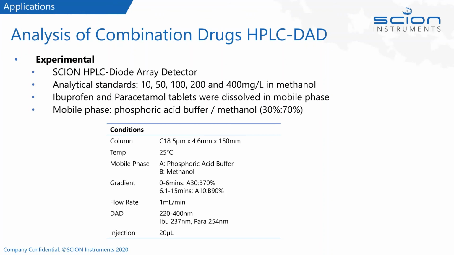For the diode array, we had a standard range of 220 to 400, but we then also used the target wavelengths of 237 for the detection of ibuprofen and 254 for the detection of paracetamol. We used a 20 microliter injection for all standards and the sample.